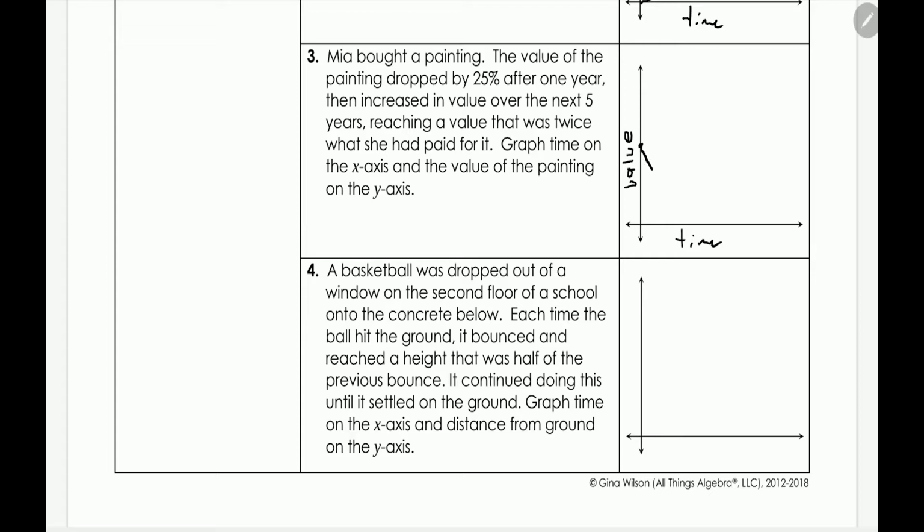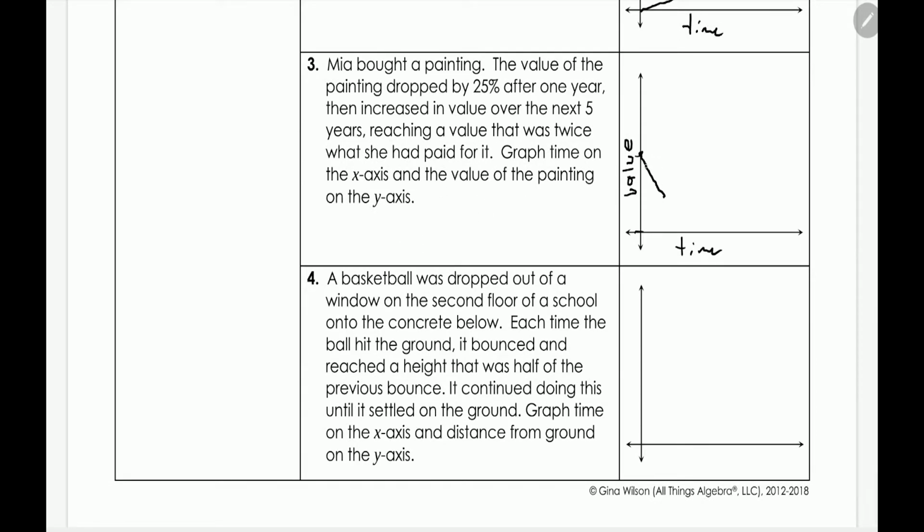So we're going to go until we're about halfway in between this point and this point. And then it said that it rose in value until it reached double the original price. So that means it kept rising in value until it got double, which is about here. Okay? So that would be the graph of the price of the painting during the time.